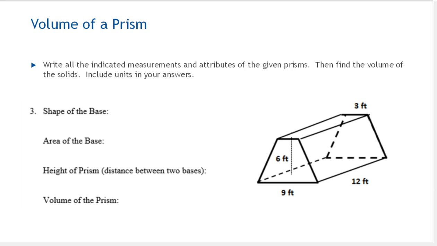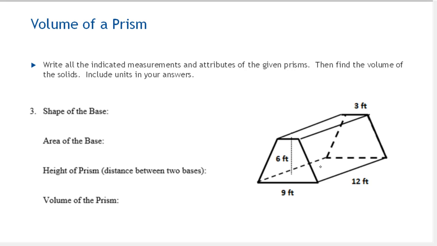First we want to start by determining the shape of the base of the prism. Notice the sides that are parallel are this trapezoidal side and this trapezoidal side. If you look at the other side, this side is parallel to this side, however they are not identical.